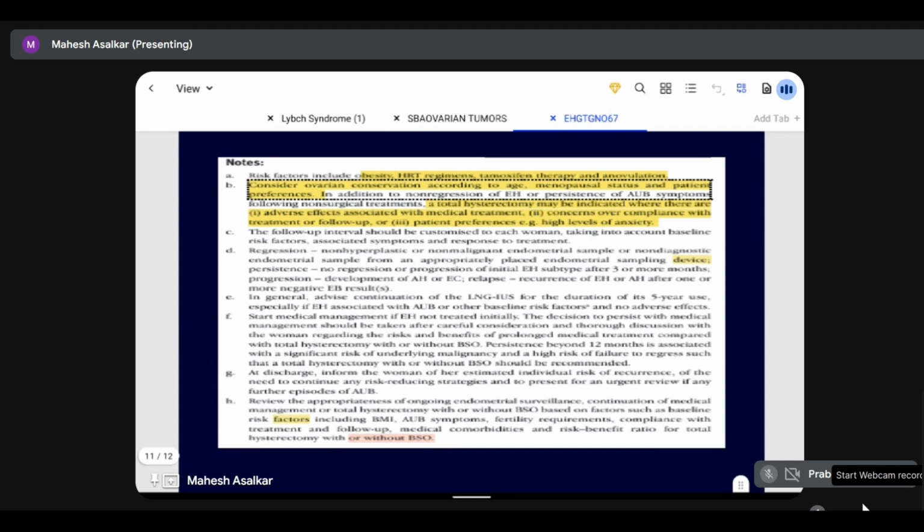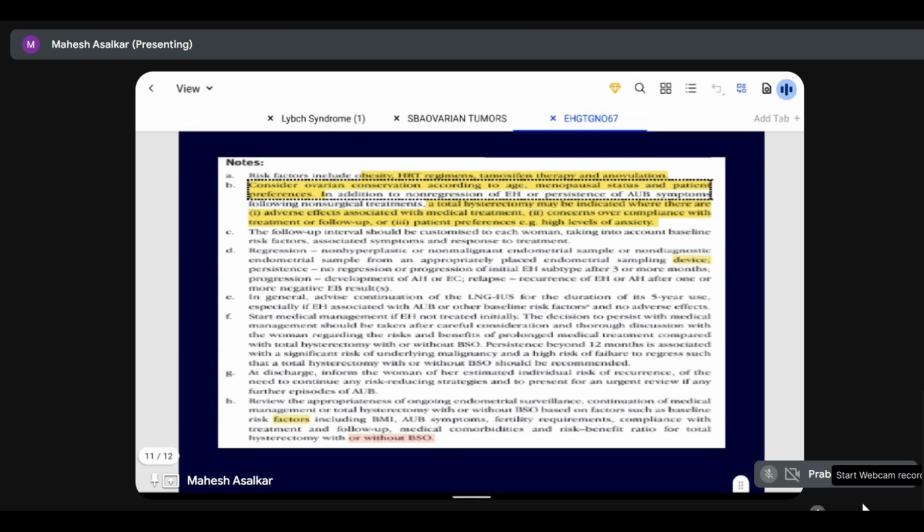So this is very important because sometimes in your scenario it is mentioned that the patient has declined the follow-up or patient is non-compliant, or the patient doesn't want the medical line of treatment. In that particular case we may have to go ahead with a total hysterectomy.